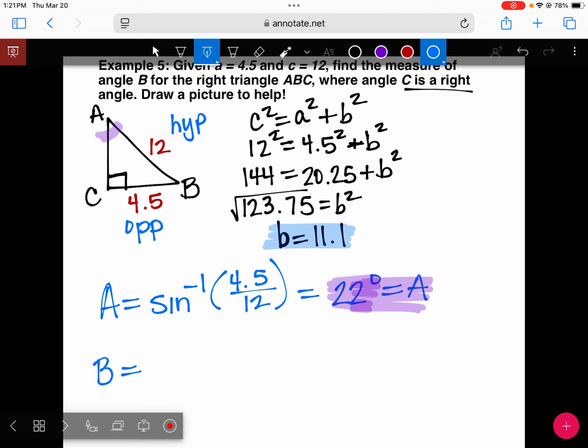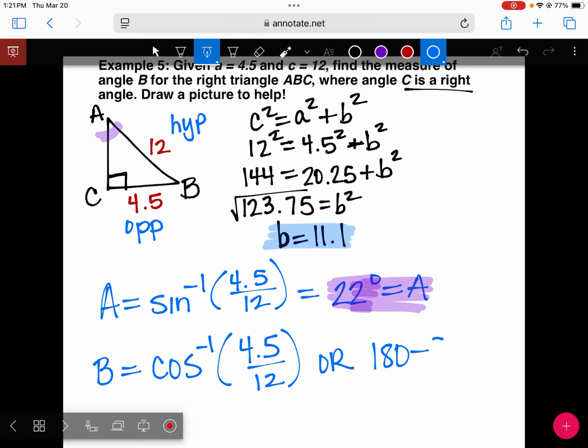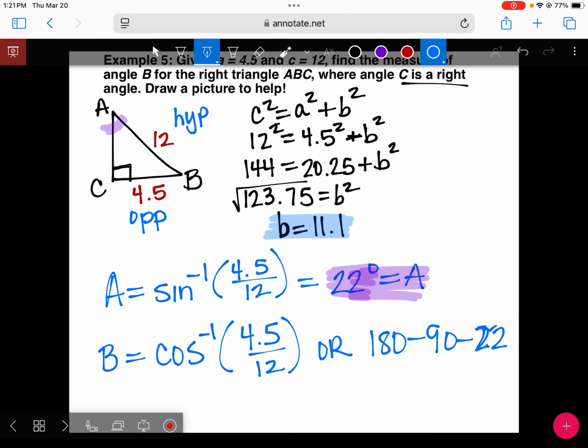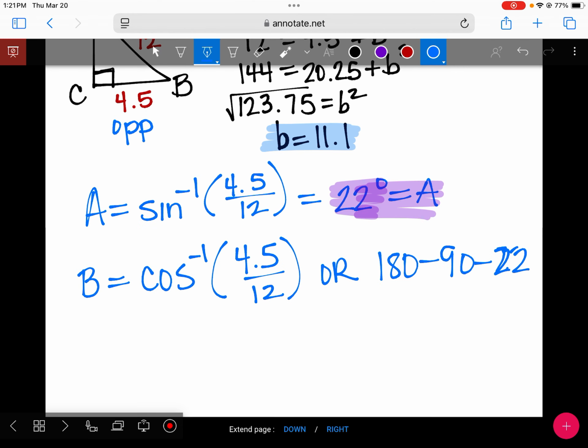You can either type in your calculator inverse cosine of 4.5 over 12, or you can do 180 minus 90 minus 22. You get the same answer. And you should get 68 degrees.